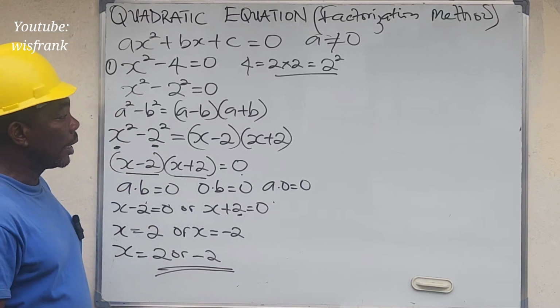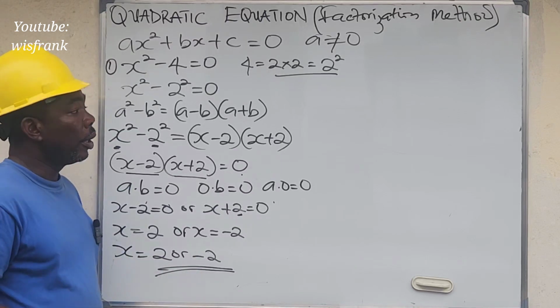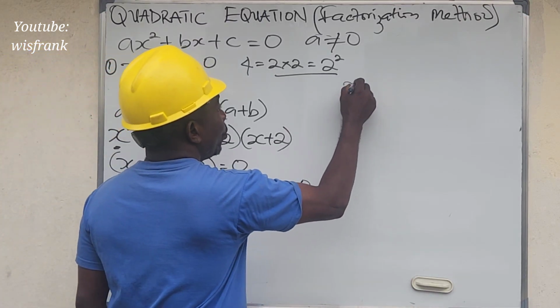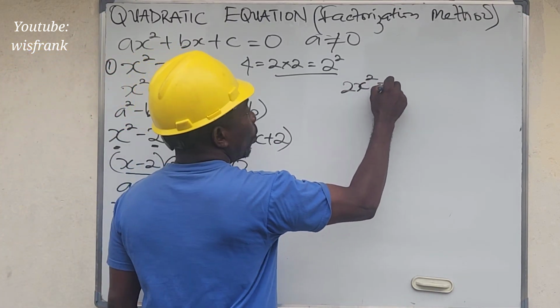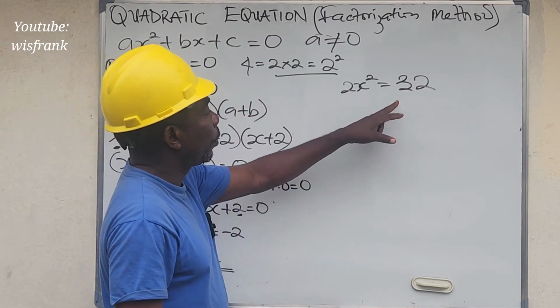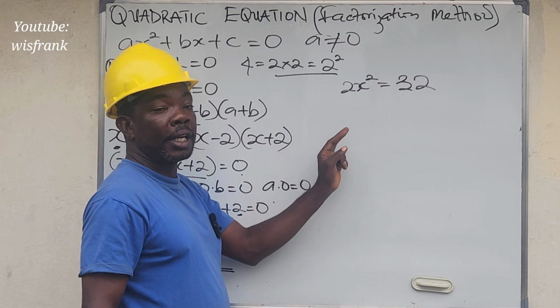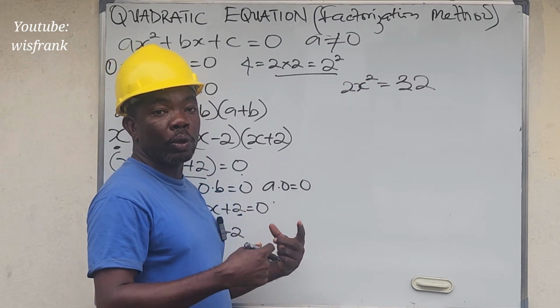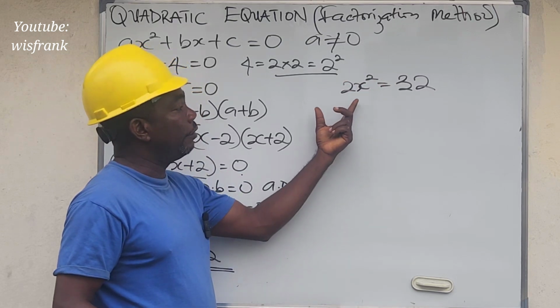So let us look at another form of equation where we have 2x to the power of 2 equals 32. From here, we can transpose 32 to the other side, because we are going to use the factorization method to find the value of x.